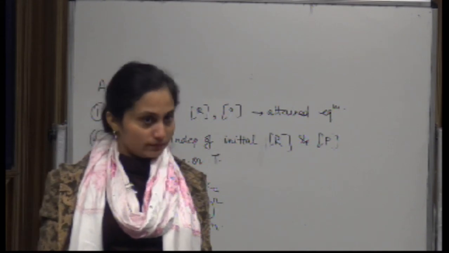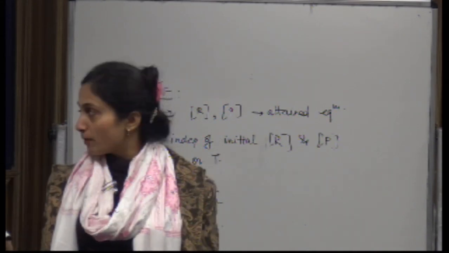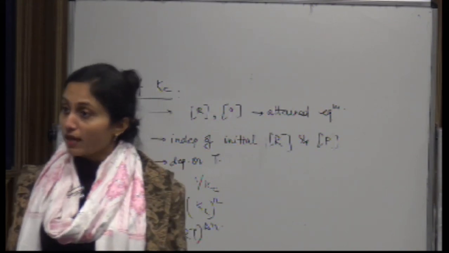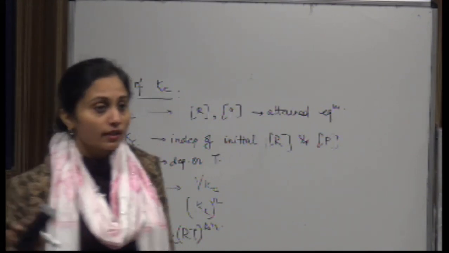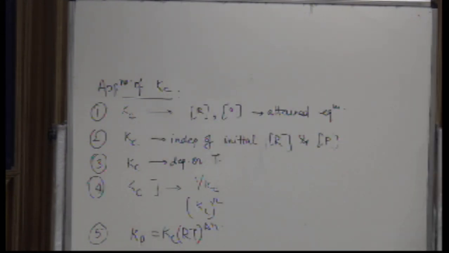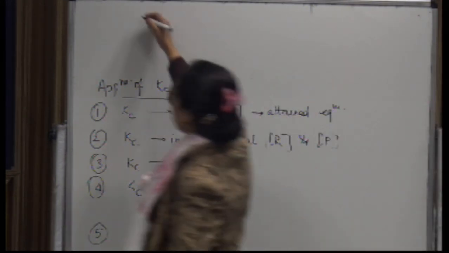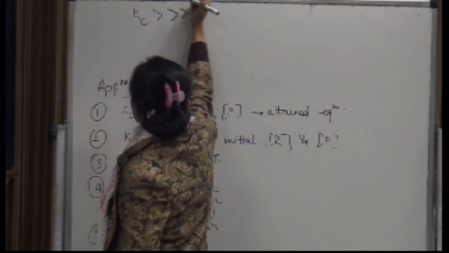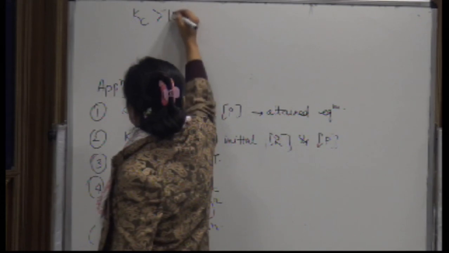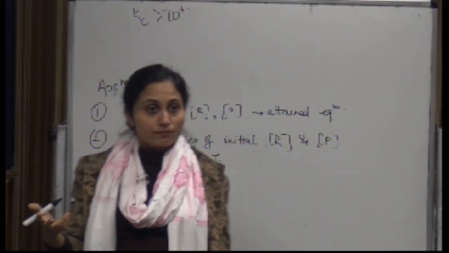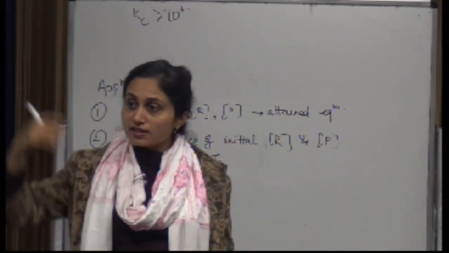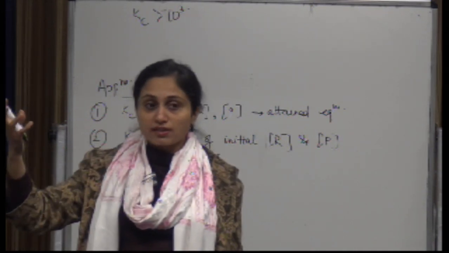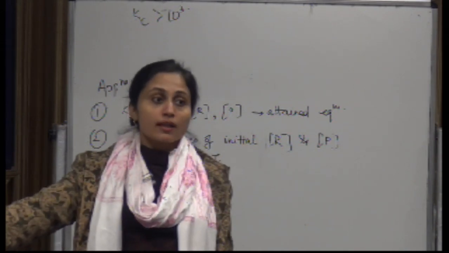Now if Kc value is much greater than a particular value, say 10 to the power 3, what will it mean? That the product concentration is very high and your reaction has approached completion.